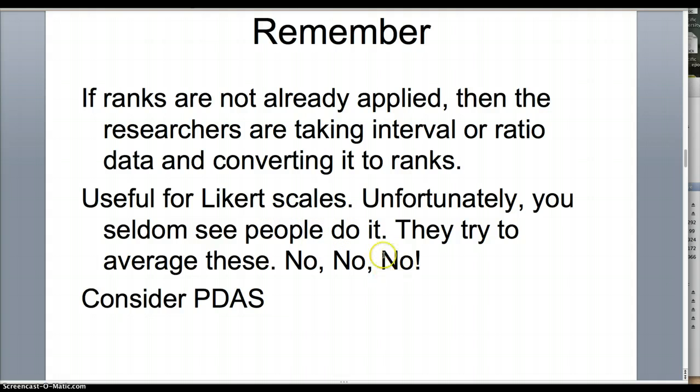You seldom see people using the Mann-Whitney test, the Kruskal-Wallis, or the Wilcoxon, and the other ones we're going to talk about with this type of ordinal data. And I think it's because people have done it wrong so much that we assume now that it's correct. What you'll see a lot of with that survey data is people still doing t-tests or ANOVAs when they really ought to be doing this.